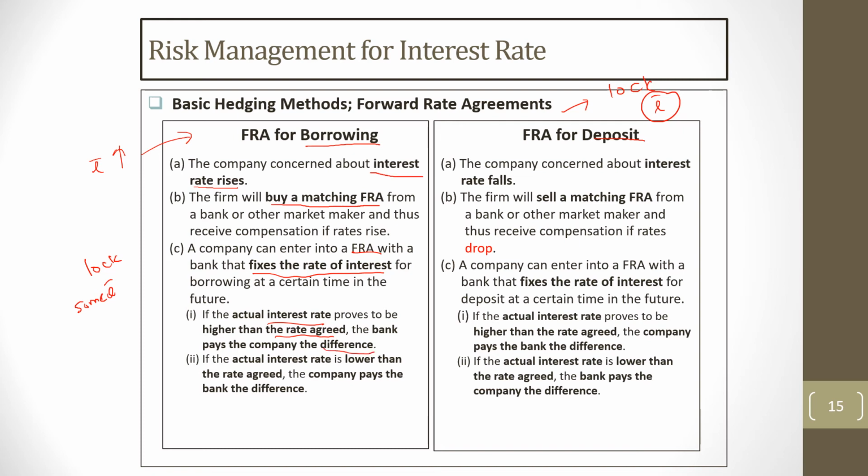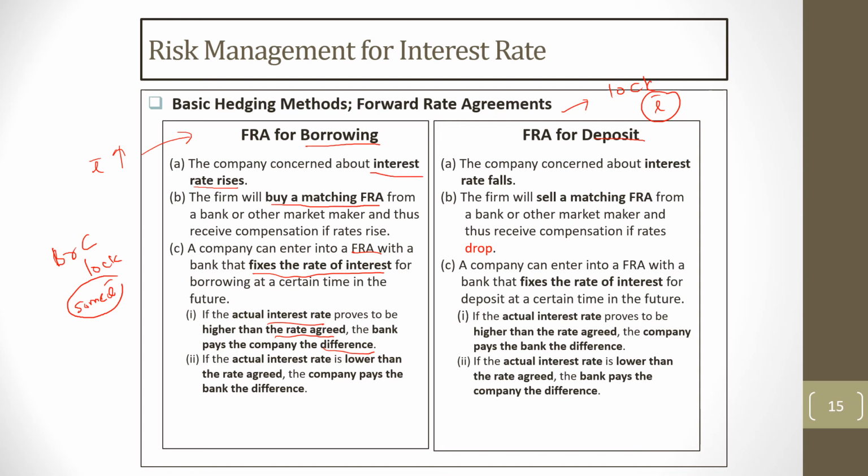Itu yang macam pro untuk FRA ni lah. Maksud dia when contoh company and bank lock the same interest kan. So kalau actual interest tu lagi higher daripada the rate agreed, so bank akan pay the differences.